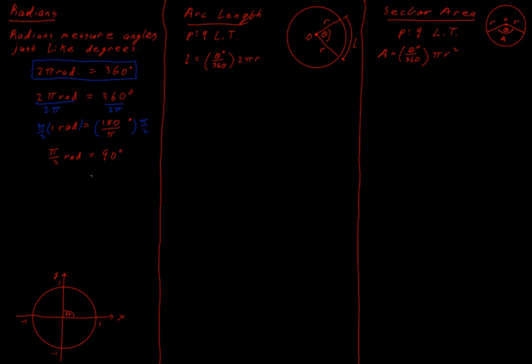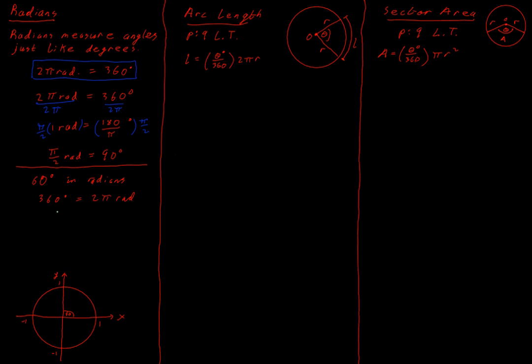Likewise, if we wanted it to go the other way, if we wanted to know what 60 degrees was in radians, we know 360 degrees is equal to 2 pi radians.